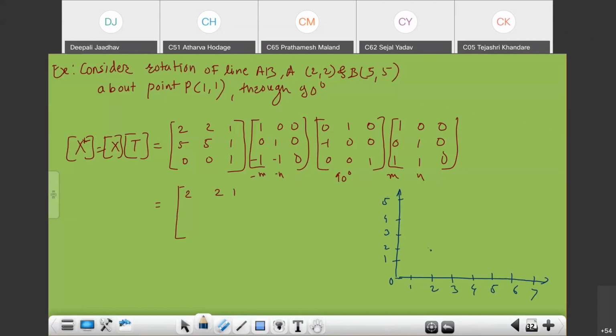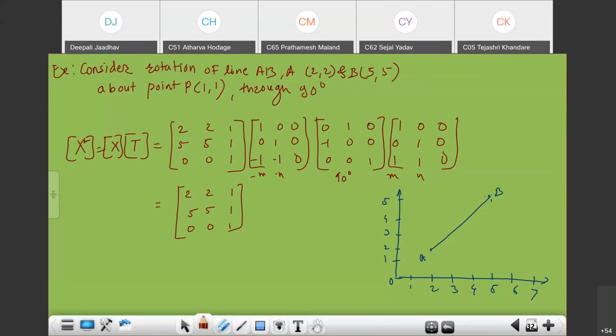B is (5, 5), B is here, A is here. So that is our original line. First we perform the first step, translate it and then rotate, and then this one. What is the result? If you perform it one by one, then you can observe the result here.